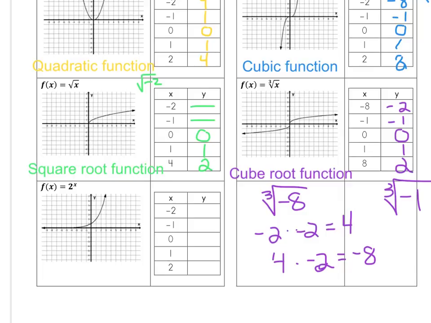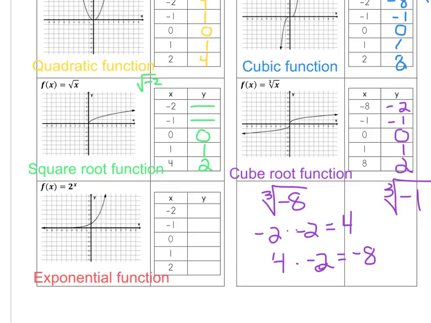And all of those points, of course, are on this graph. Negative 8, negative 2; negative 1, negative 1; 0, 0; 1, 1; 8, 2. And it gives this weird little squiggle, but it's still a function nonetheless because every single value of x has its own value of y.